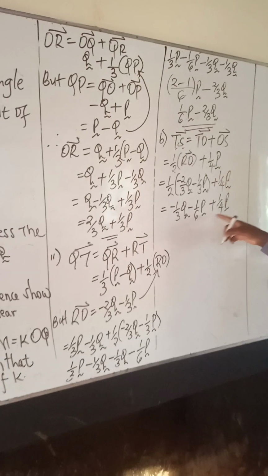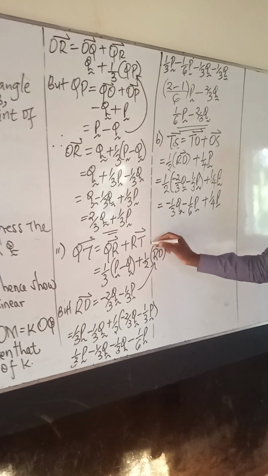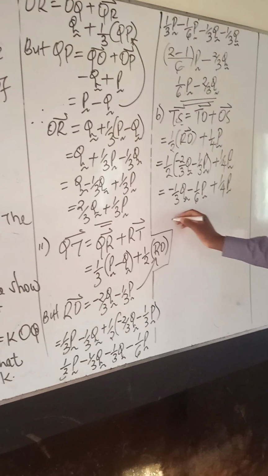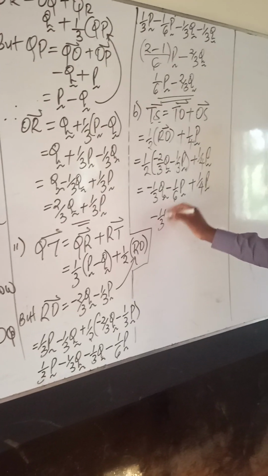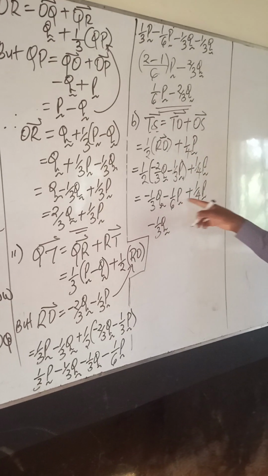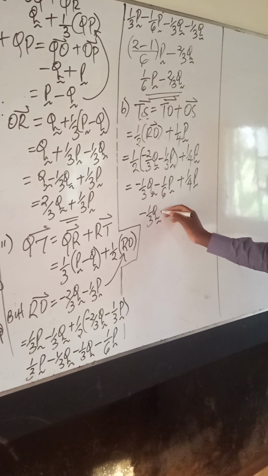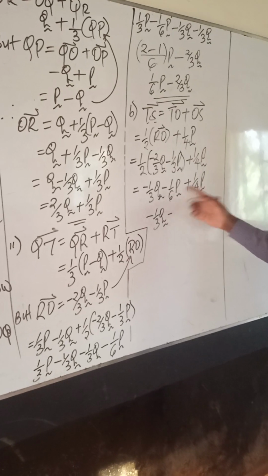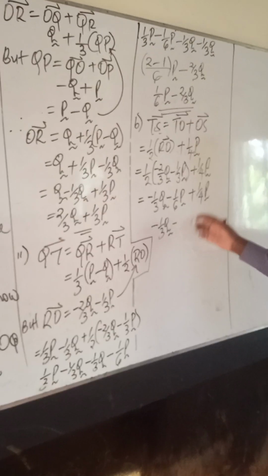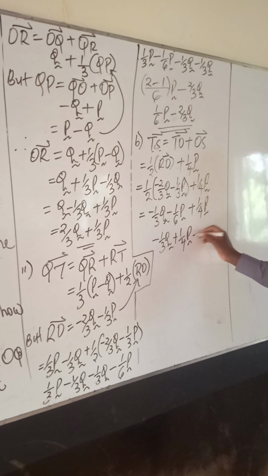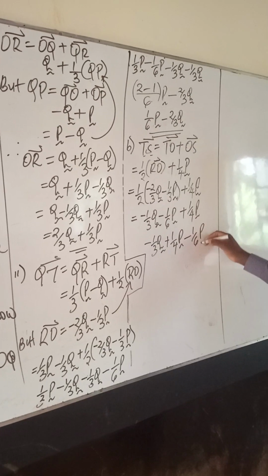So we have these two like terms. The Q term will be minus 1 over 3 of Q. For the P terms, we can rewrite them as plus 1 over 4P and then minus 1 over 6P.